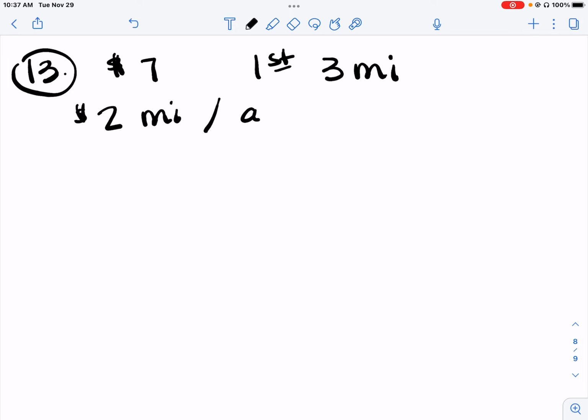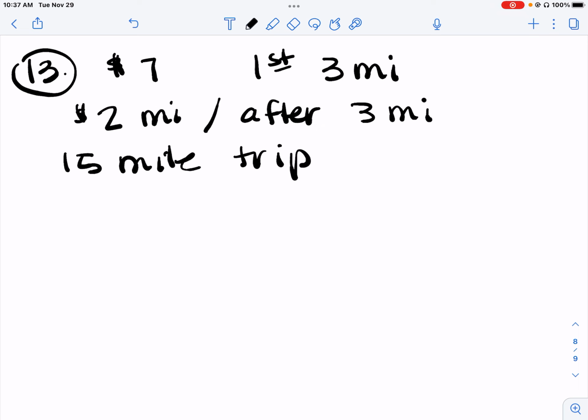Okay. The Uber trip is $7 for the first 3 miles. It's $2 a mile for anything after 3 miles. Okay. A 15-mile trip. The first 3 miles are included in the $7.